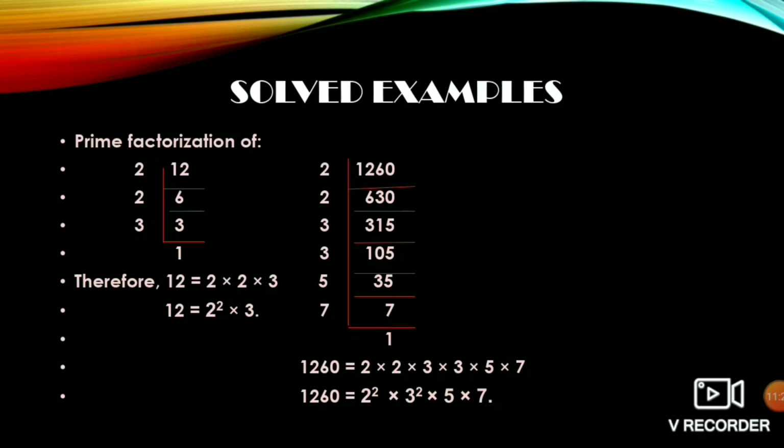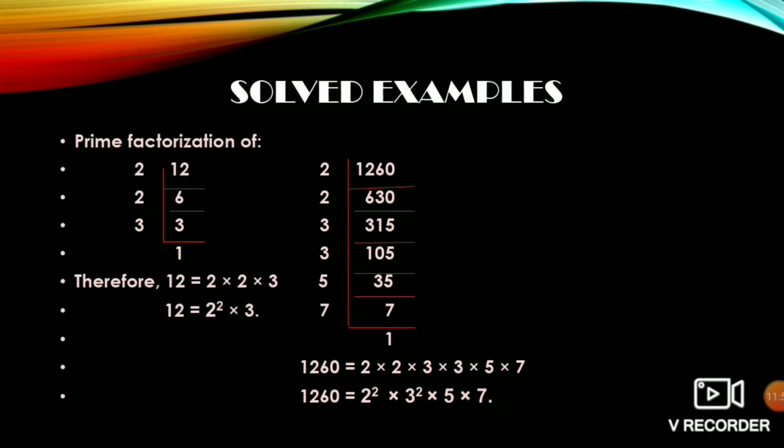In case of larger numbers, you can easily decide which prime number to use as divisor if you keep in mind divisibility rules, and your work will be easier. So here 2 divides 1260 to give quotient 630. It is again divided by 2 to give quotient 315.